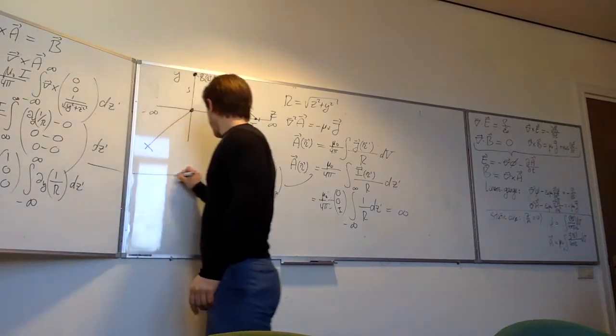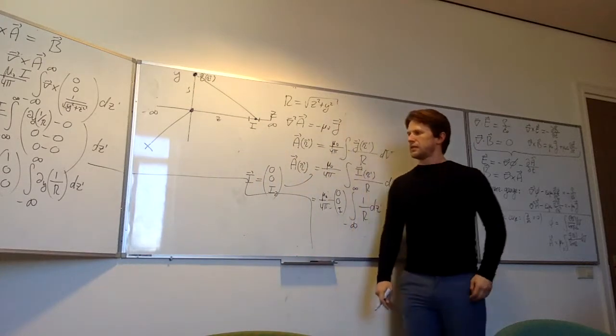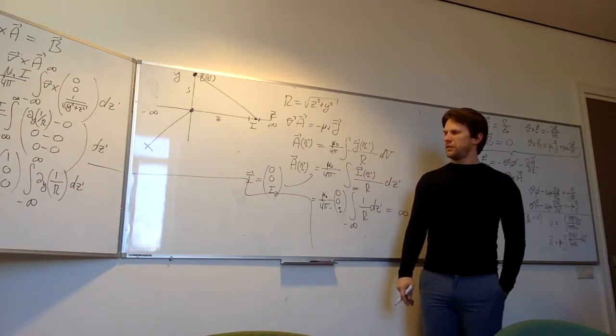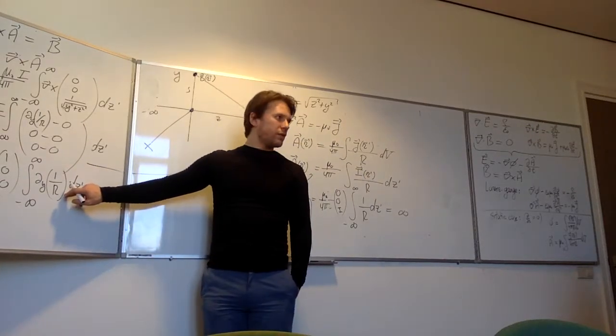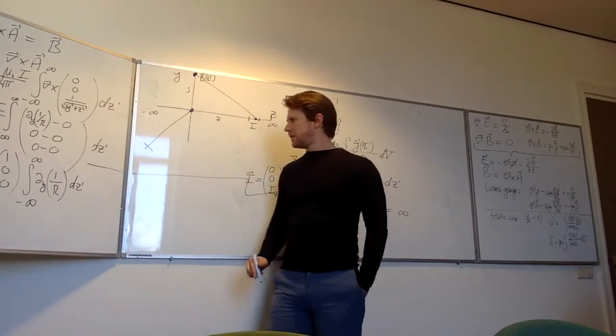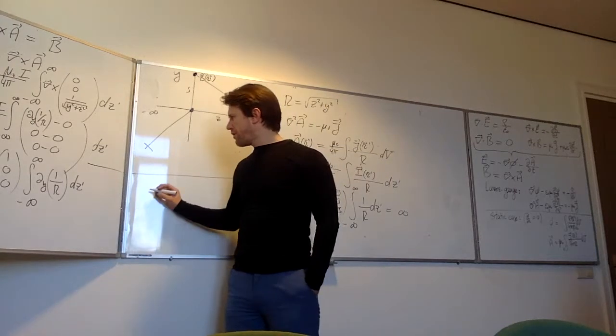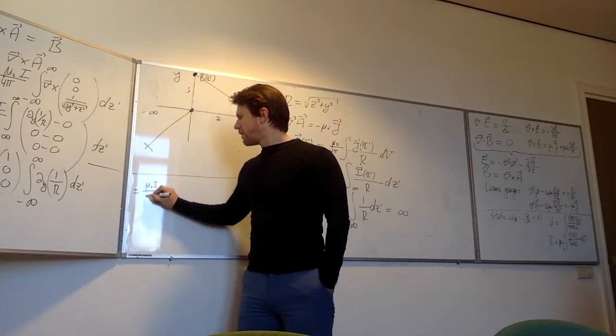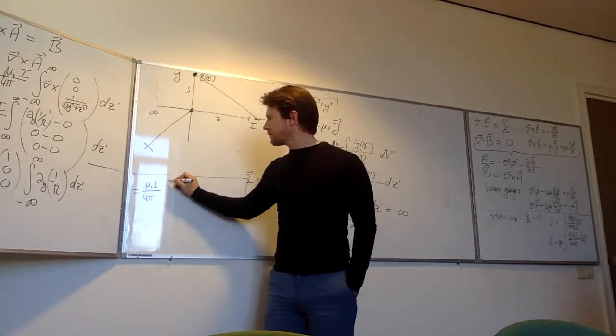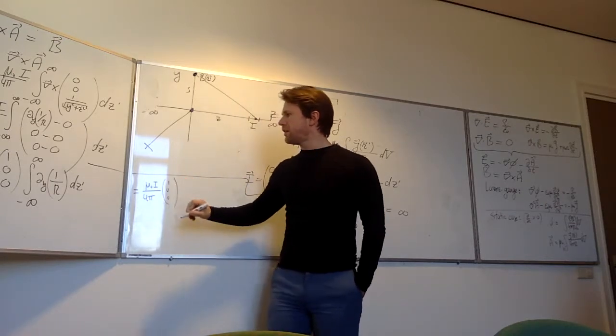Almost there. But there are 2 steps. So let's take the Y derivative of this thing, and once we have that, we integrate it over Z. Now, fortunately, we've already done the Y derivative.